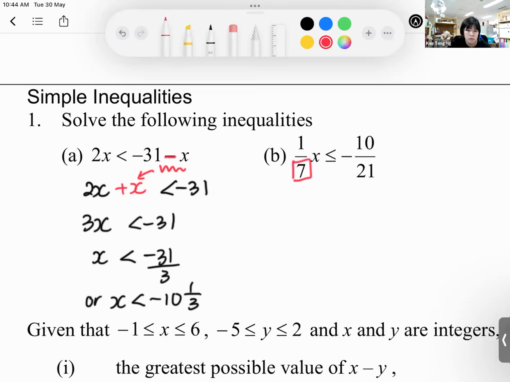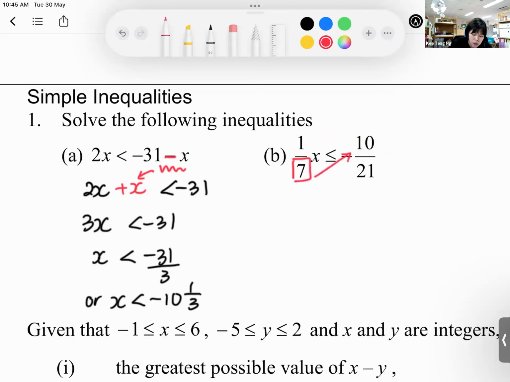Some of you have a tendency to shift the numerator and come down. This one will be wrong because the inequality sign actually has a particular direction. So if you shift it wrongly, the answer will be wrong already. So only the denominator can be multiplied up and across.